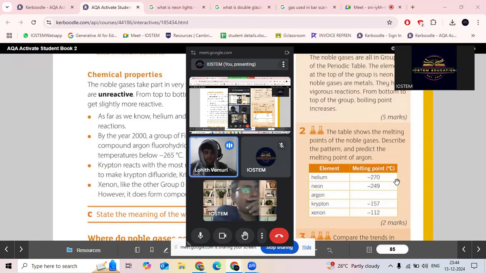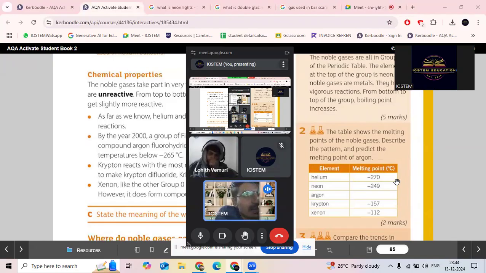Minus 184. No, you don't know, right? It is very difficult to remember all the values of the boiling points of everything. Minus 157, minus 249. Yes, it lies between these two values, right? So how will you write?